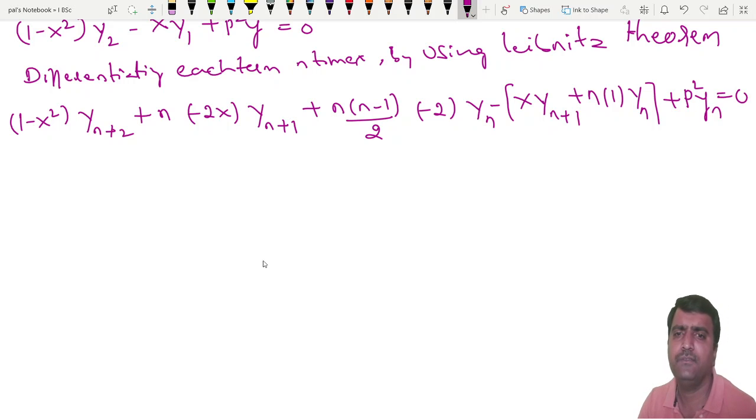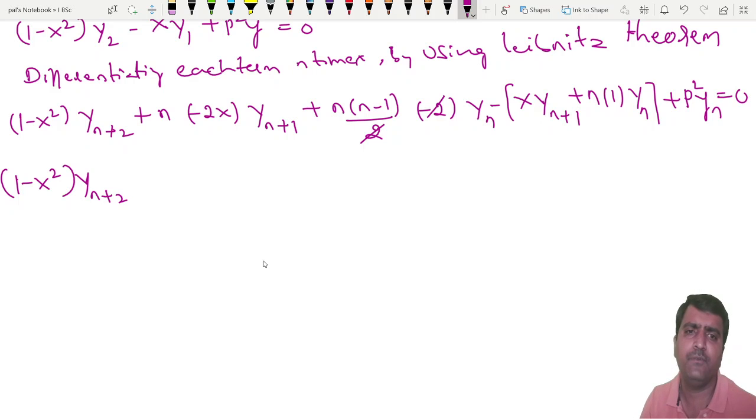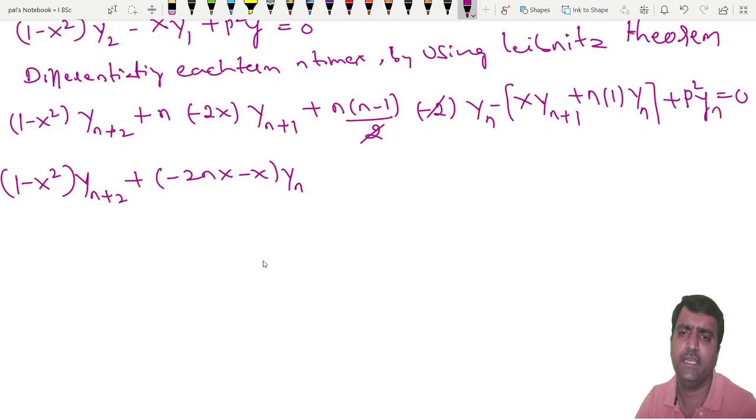So now we have this 2 and 2 cancels. So 1 minus x square into yn plus 2. Here you take yn plus 1 as a common factor, and the remaining here is plus of minus 2nx minus x into yn plus 1.